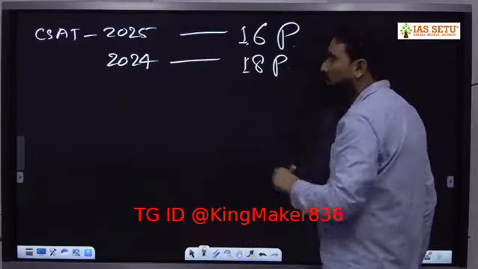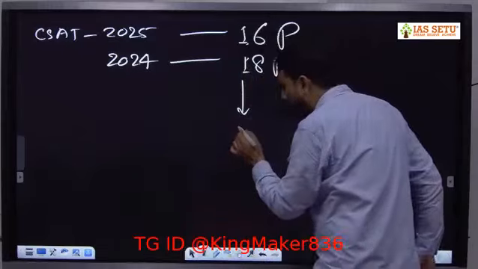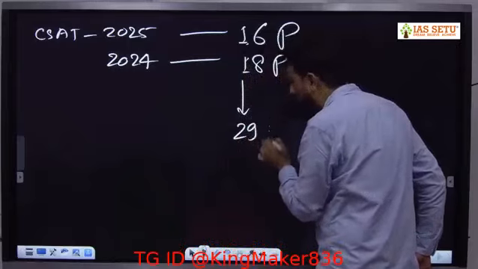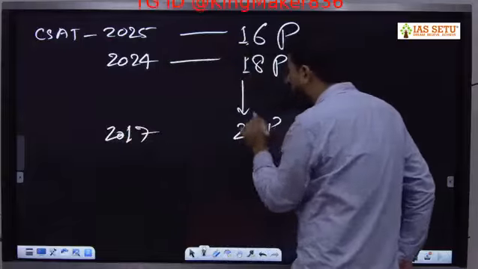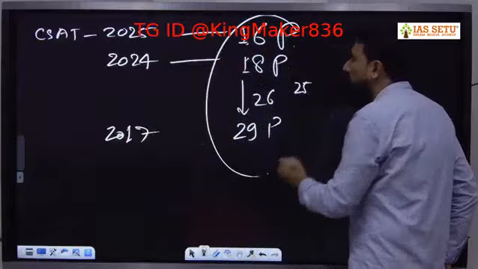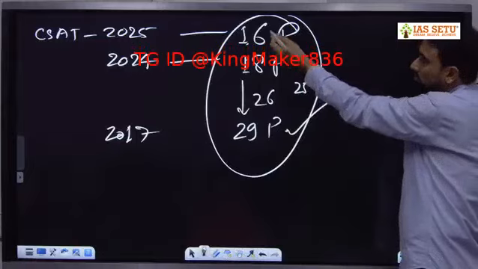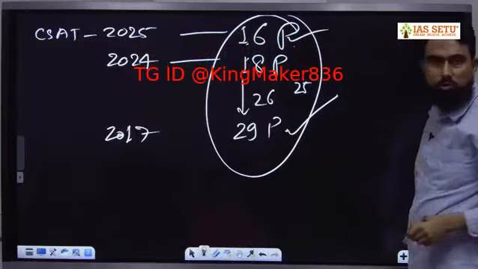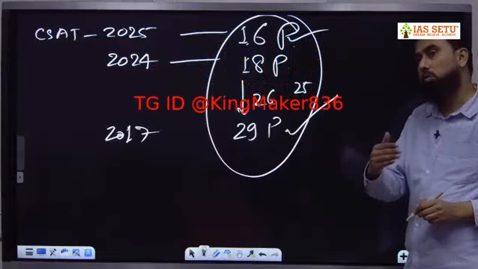Not big, but you know, maximum passages was 29 given in the year 2017. इसके बाद 26 भी आया है, 25 भी आया है, 24 भी आया है. It means you should be ready to read maximum 29 passages and minimum 16. Which means that your reading speed should be good.